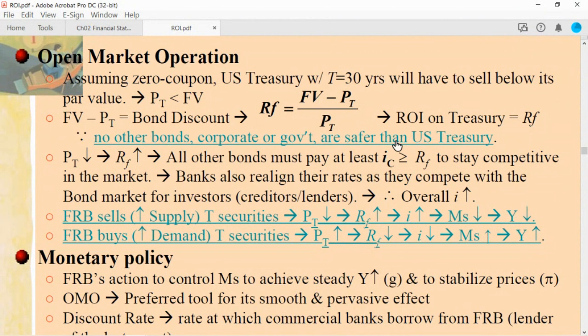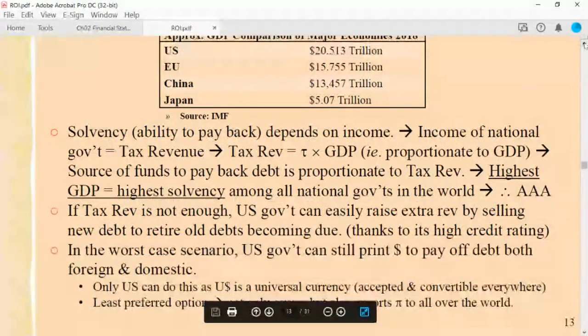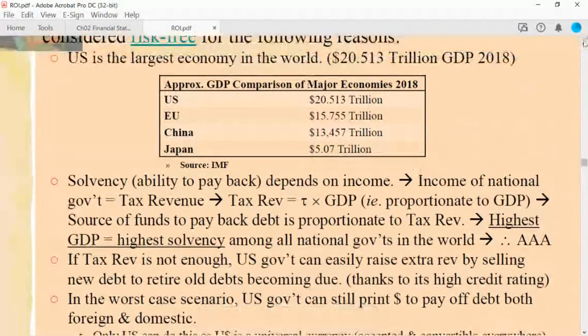That means the tax revenue is the income of the governments. So the governments with the highest tax revenue will have the highest capability to pay back, right?